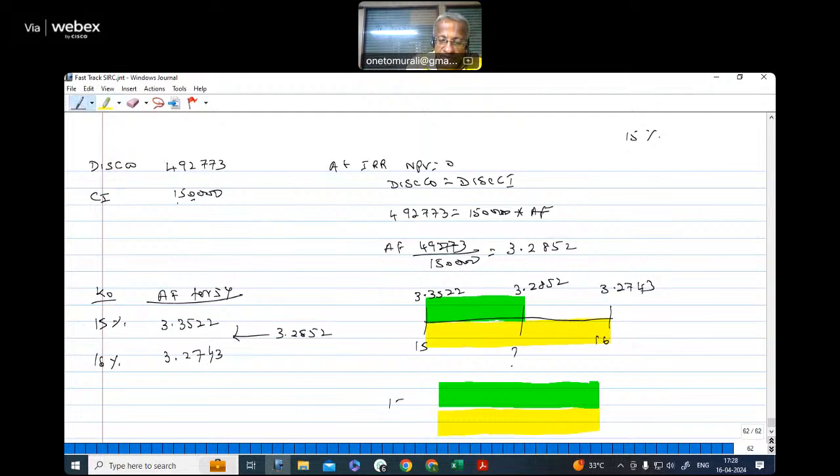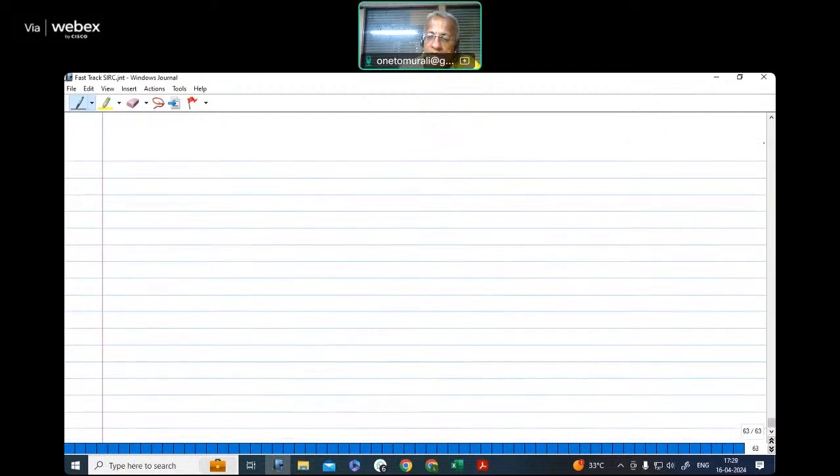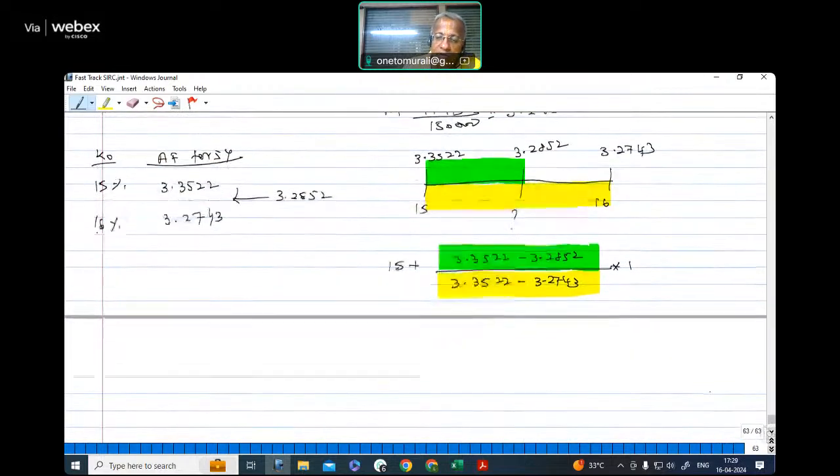So it is 15 plus 3.3522 minus 3.2852. The whole divided by 3.3522 minus 3.2743 into 1. Now let's take the calculator and work them out. It's 15 plus 3.3522 minus 3.2852.